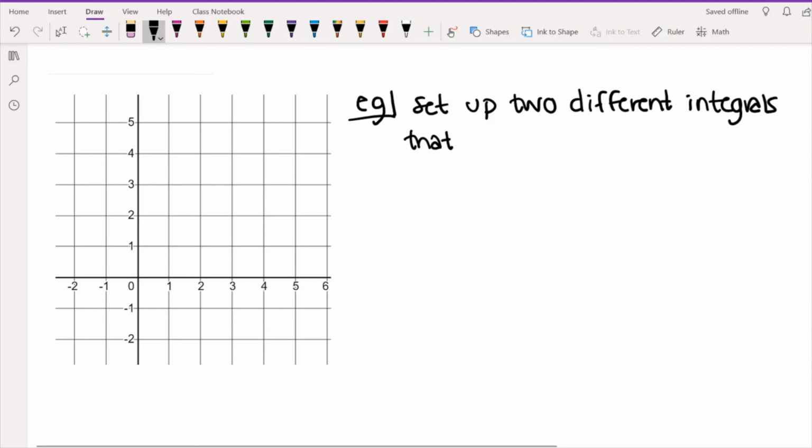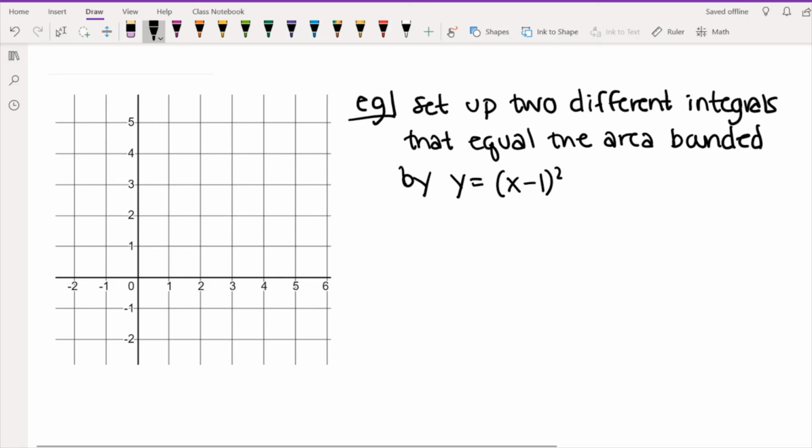that equal the area bounded by y is equal to x minus 1 squared, and the other function is y is equal to 2x minus 2. So y is equal to x minus 1 squared is going to be a parabola that's been shifted to the right by 1.